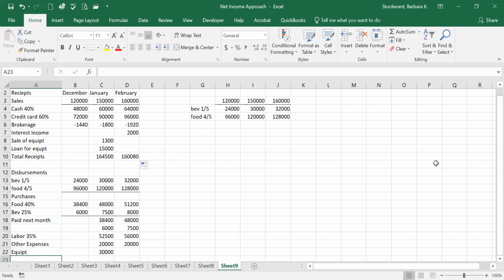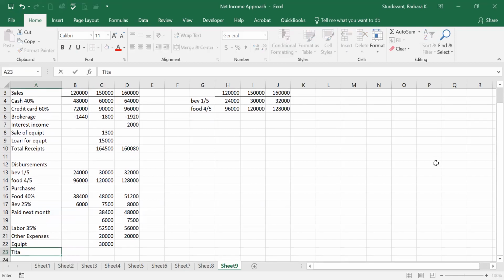And then down here, again, don't go above the line.